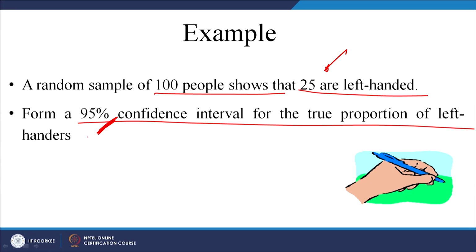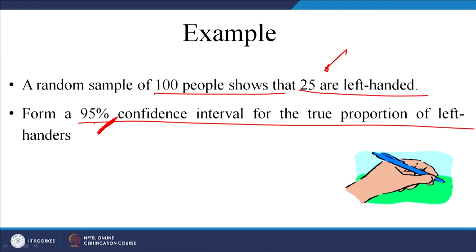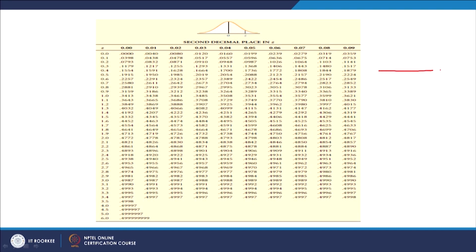So, what do you need for this? First of all, you need the table, right. This is your Z table. Our confidence level is 95%. So, half of 0.95, that is 0.95 divided by 2, would be around 0.475.